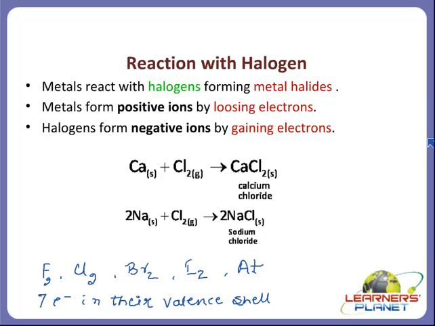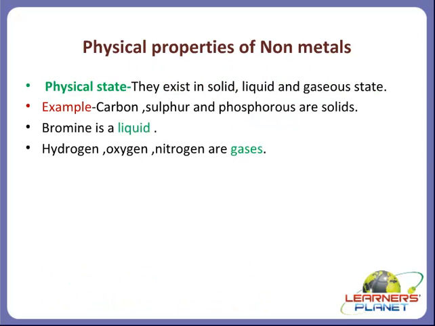Down the group the reactivity of halogens decreases. So which will be least reactive? Iodine. Then bromine, then chlorine, and fluorine would be highly reactive. So this is your reaction with halogens.